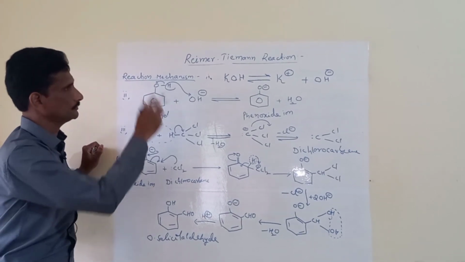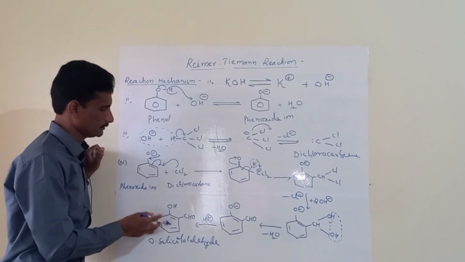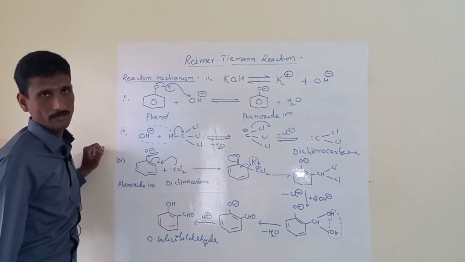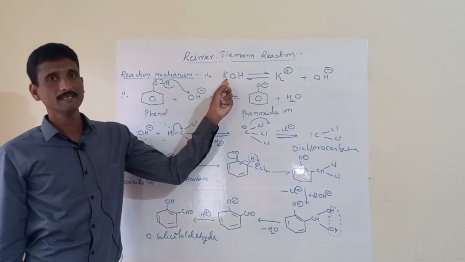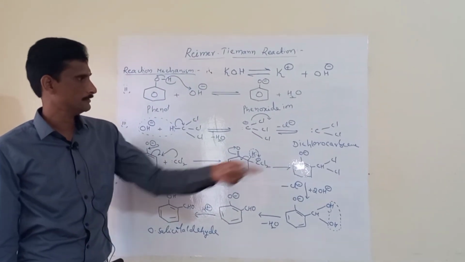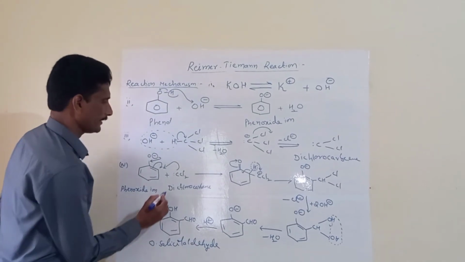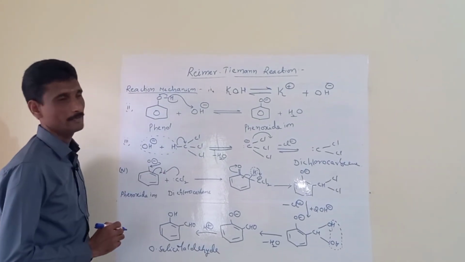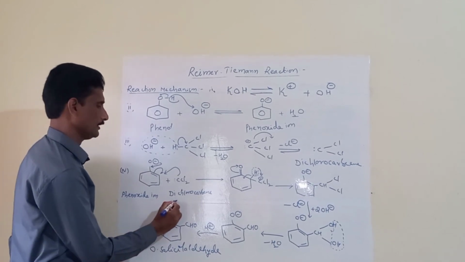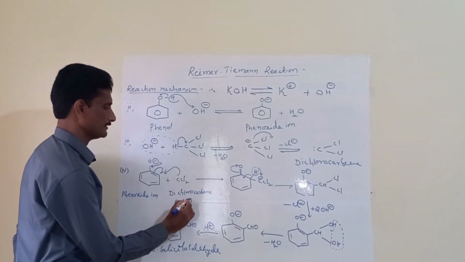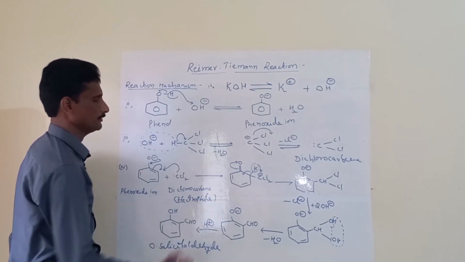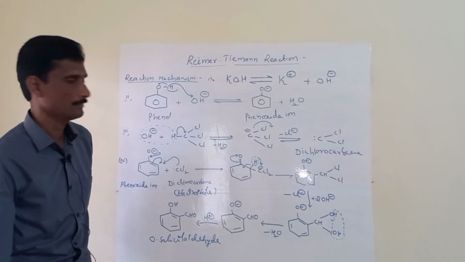This is called the Reimer-Tiemann reaction. It is also called the phenol formylation reaction. It is a base catalyzed reaction. In this reaction, dichlorocarbene acts as an electrophile. It is a phenol electrophilic substitution reaction. Dichlorocarbene acts as an electrophile. It is an intermediate in the Reimer-Tiemann reaction.